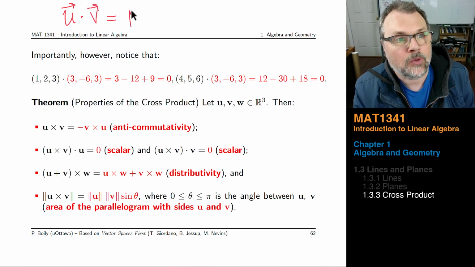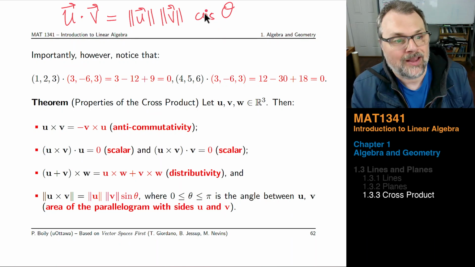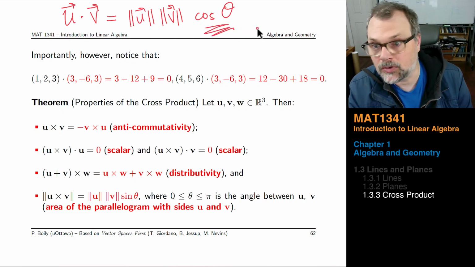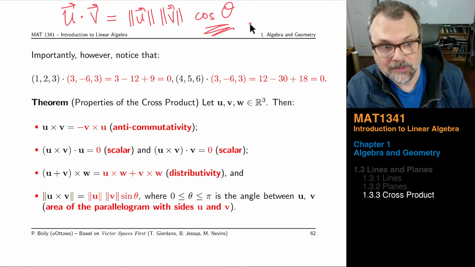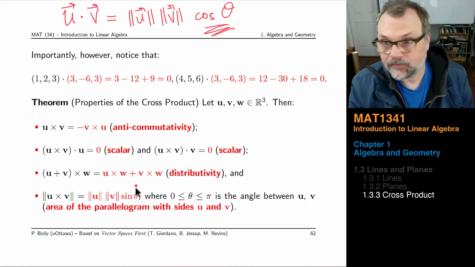This dot product would be length of u, length of v, times the cosine of theta, right? Now this thing could be negative. It's conceivable because cosine of theta could be negative when theta goes from 0 to pi. But sine of theta is always non-negative between 0 and pi.